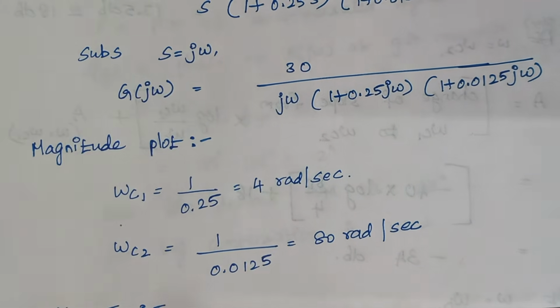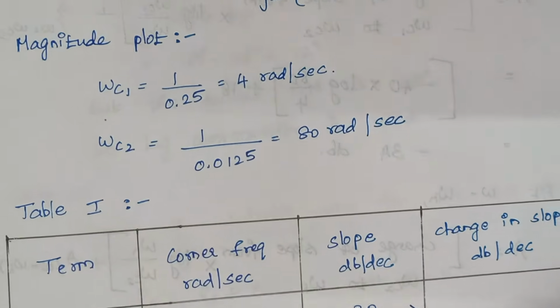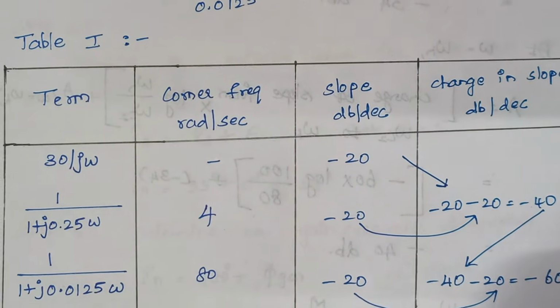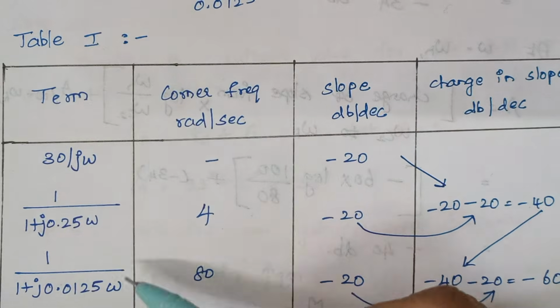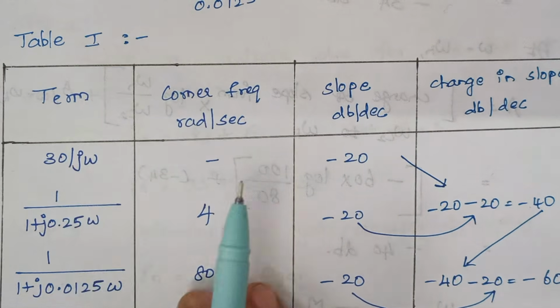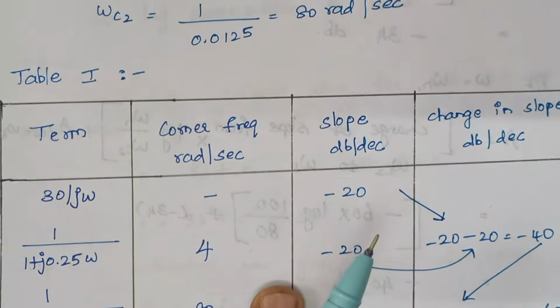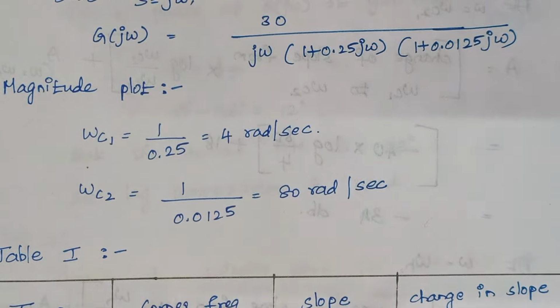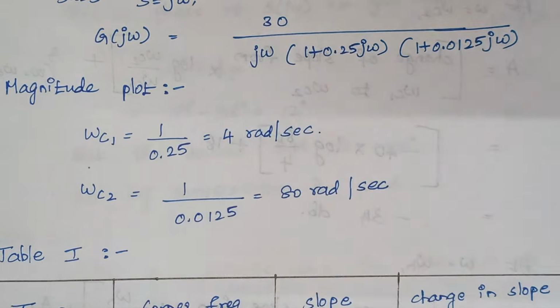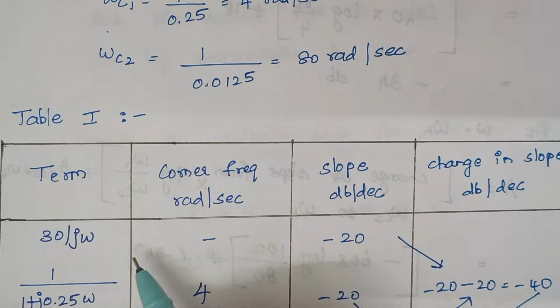The next step is we have to form the table. How to form the table? We have to arrange the constants in this order, that is, the first place will be occupied by the number along with the individual omega term. When you look at this transfer function, here I am having 30 by j omega, right? So just write it over here.